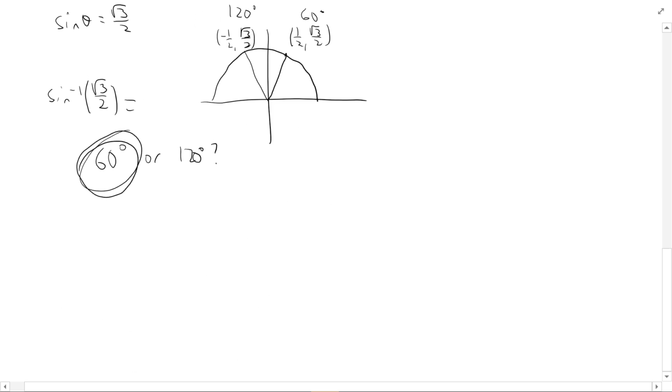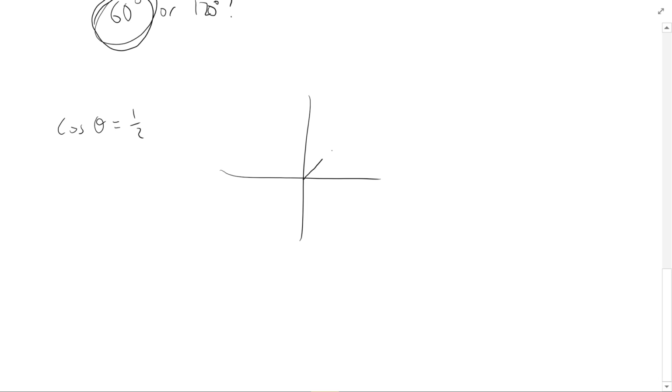All right, so similarly, if I look at, say, where does cosine of theta equal 1/2? Well, if I look at my circle, I've got 1/2, root 3 over 2, or I've got 1/2, negative root 3 over 2.